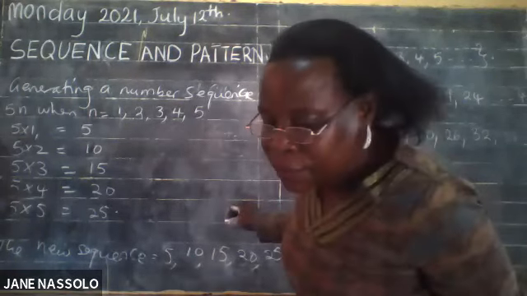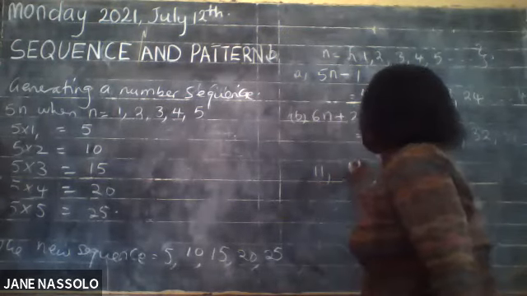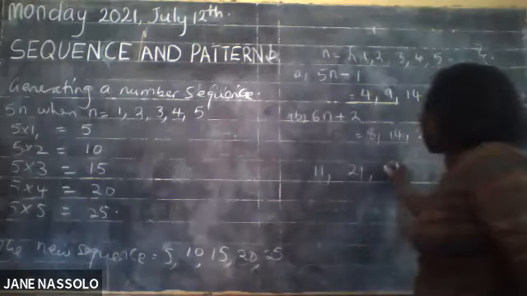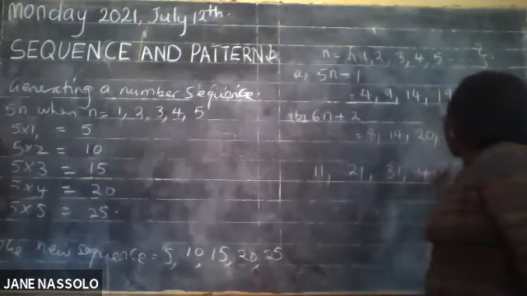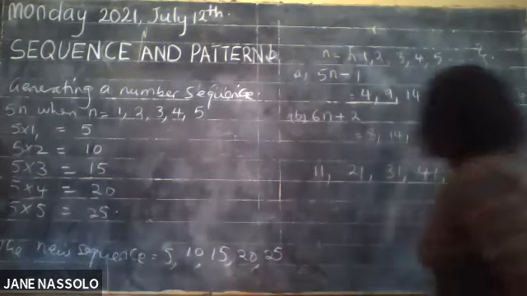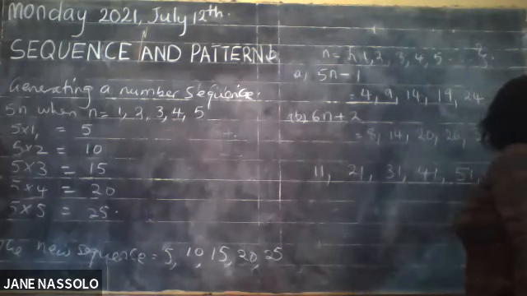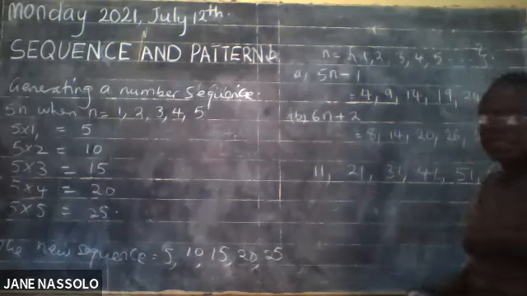What sequence? 11, 21, 31, 41, 51, 61. So what formula can we use to generate this sequence?